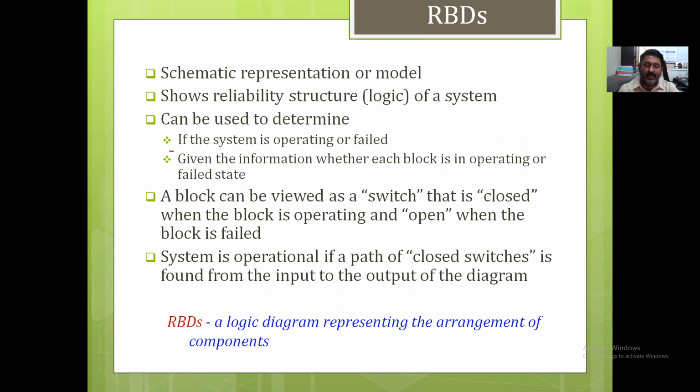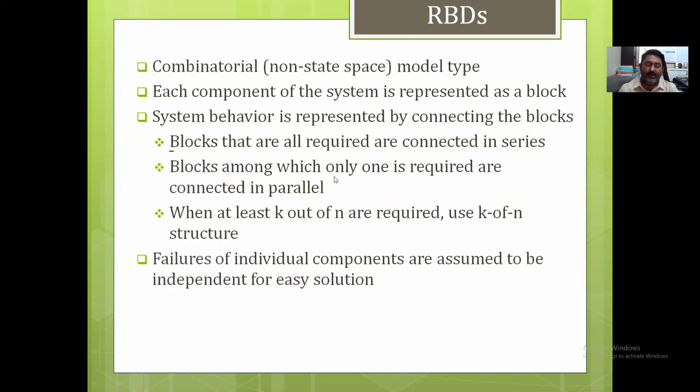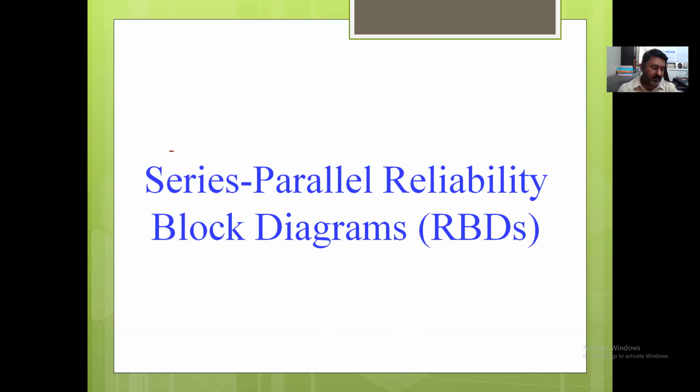Then we discussed RBDs, reliability block diagrams, which are nothing but a logic diagram representing the arrangement of components. This is the generalized diagram for RBD, a combination of series and parallel, and we discussed more features of RBDs.